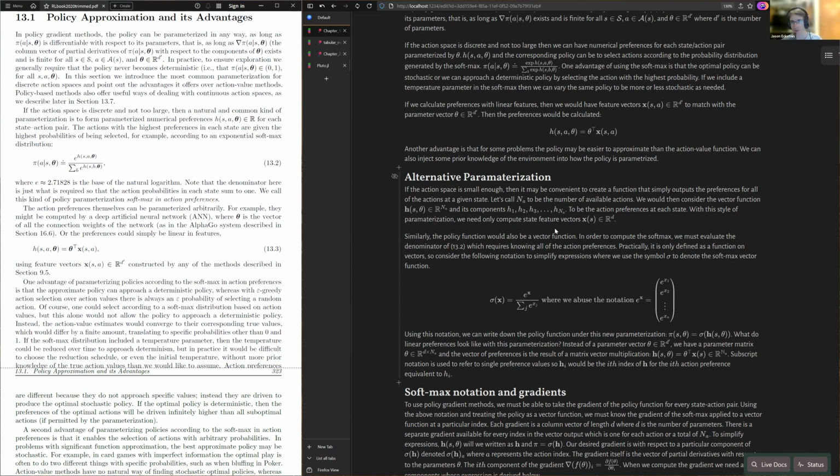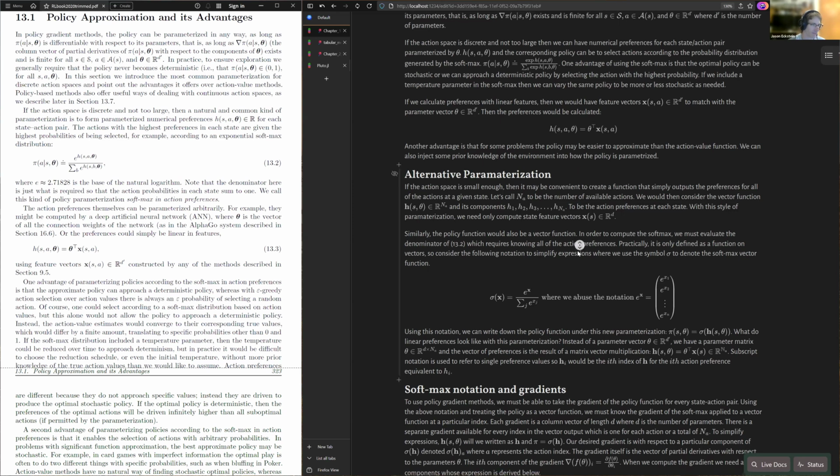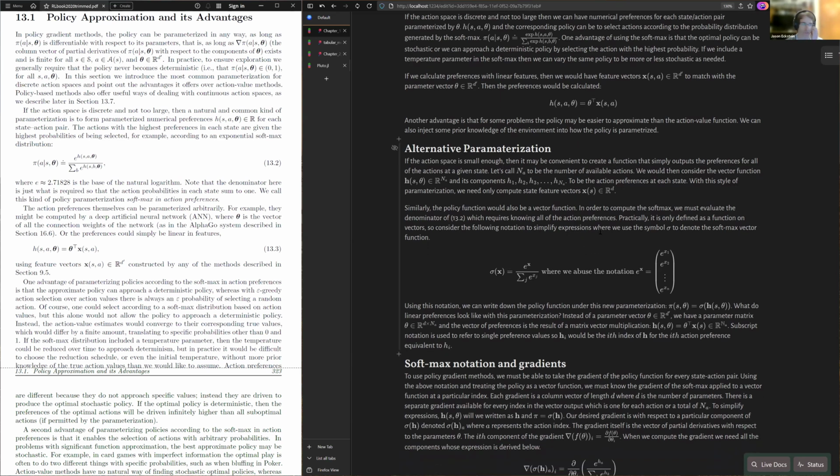Since everything's operating on vectors here, I'm going to define a new notation for the softmax to make things easier. I define it as a function that operates on some vector x. I'm also going to use the notation where if I exponentiate a vector, it means taking the exponent of each individual component. That way, I can use the symbol sigma to denote the softmax applied to a vector, and this is just a short way of writing it.